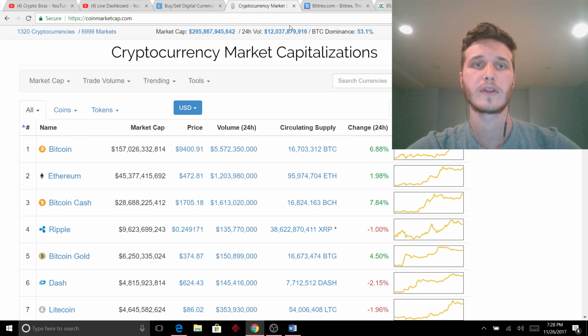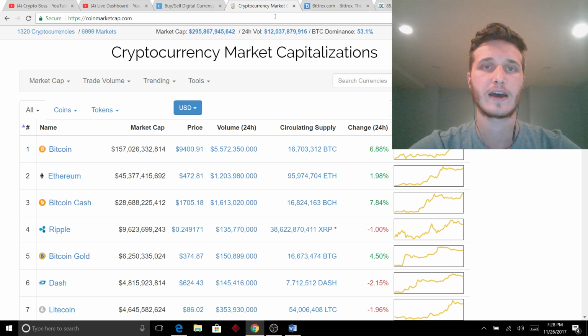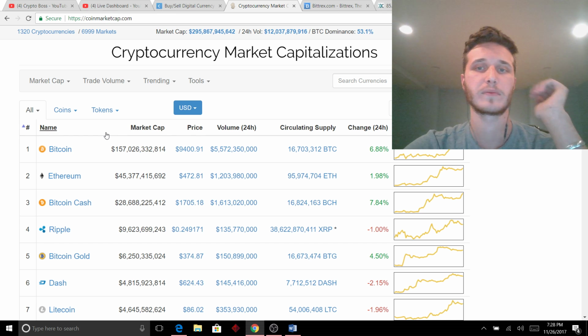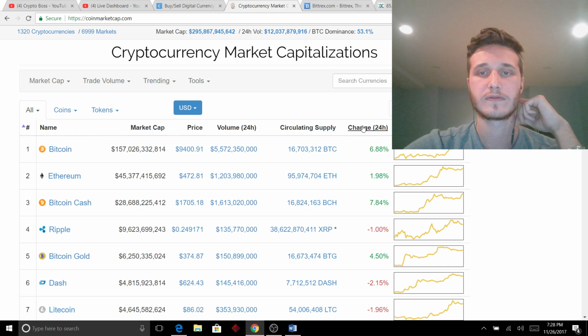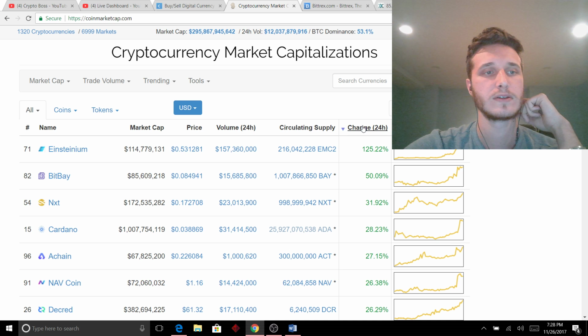Okay, so the websites that you're going to want to have are coinmarketcap.com, which lists all of the cryptocurrencies. You can sort them in whatever order you want. I have them sorted by market cap, but you can sort them by change in the past 24 hours.